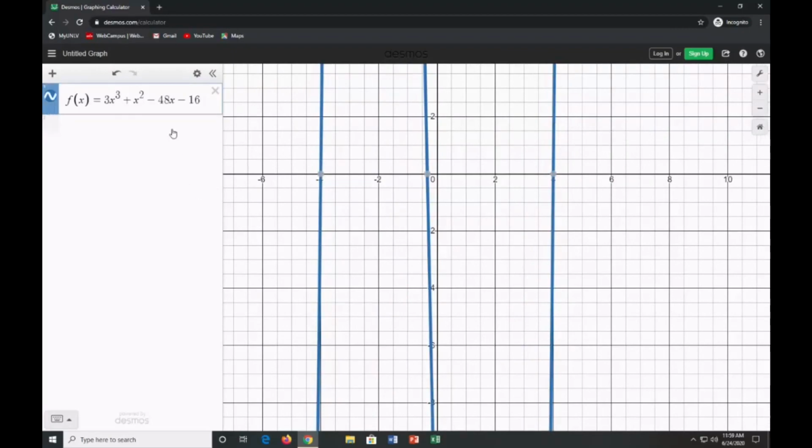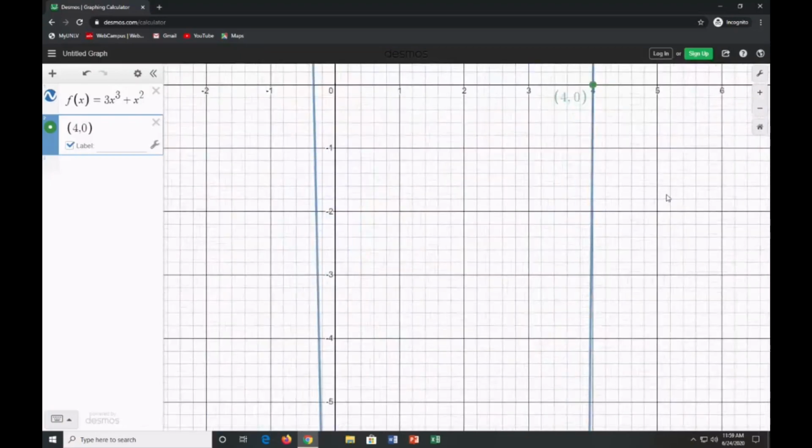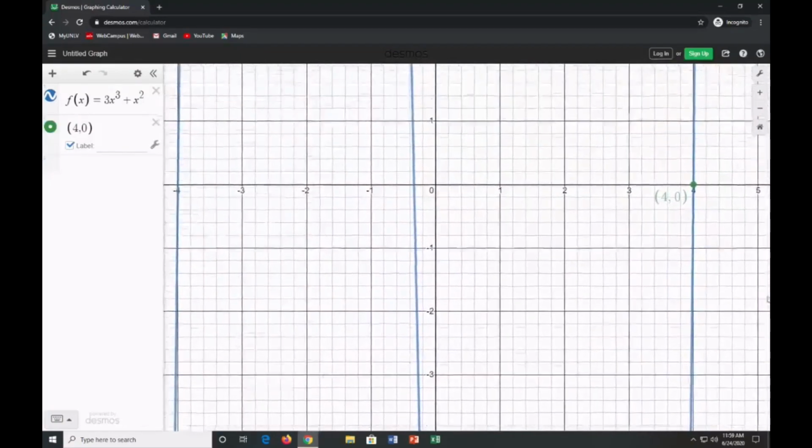Okay, so now we can clearly see all three zeros of the polynomial, right? One of them was 4, comma 0, right there, the green point that you see there. Maybe I can zoom in a little more. Barely, right?